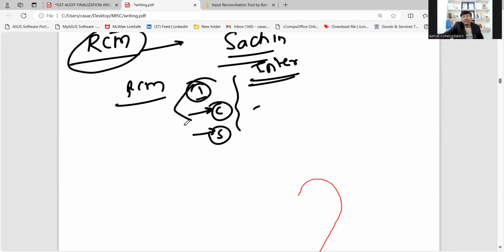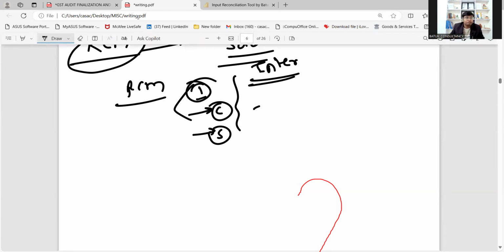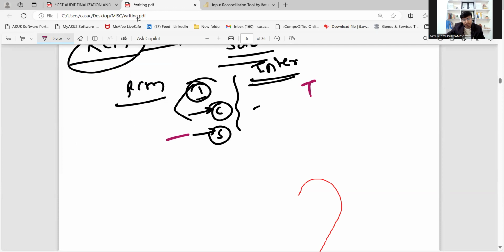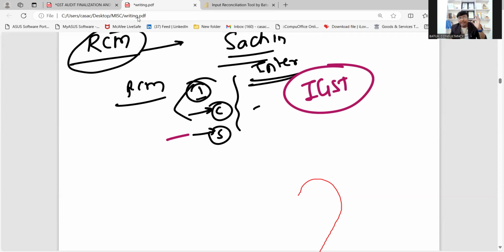Whatever type of tax is to be charged, just confirm to me in the chat box. As per your opinion, IGST should be charged. Okay. This view is also correct.